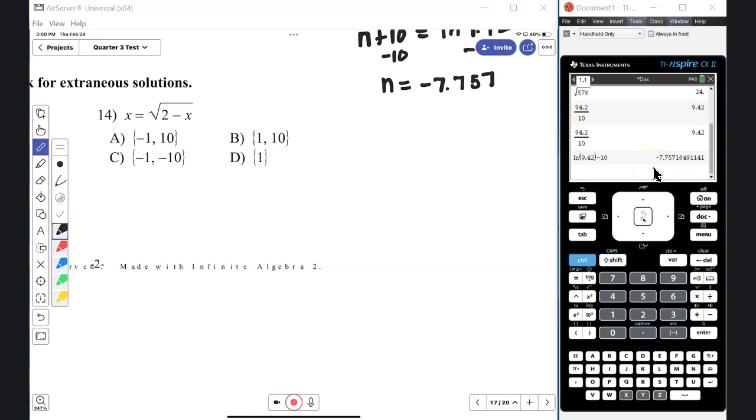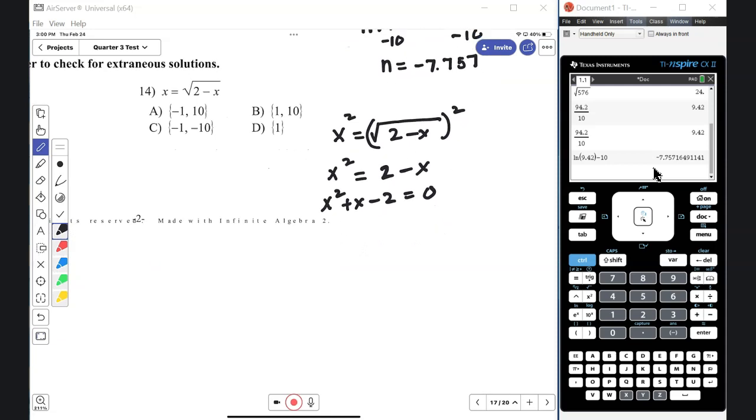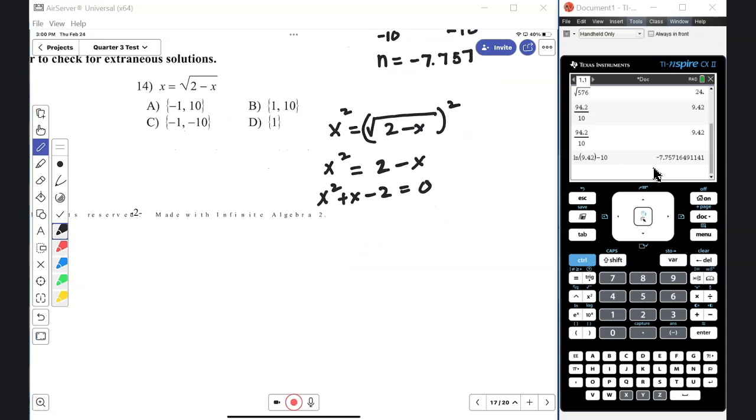Number 14, we're solving for x, so we have x equals the square root of 2 minus x, so we have to square both sides. So we have x squared equals 2 minus x. So you have x squared plus x minus 2 equals 0. So now you've got to give me the factors of 2 that will give me 1.